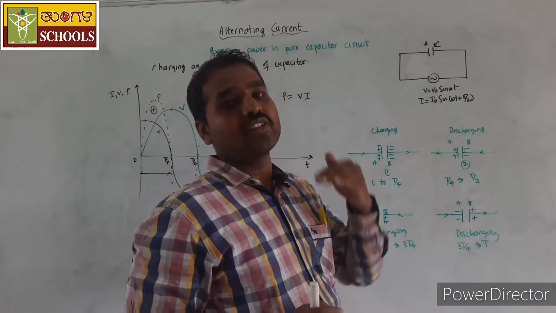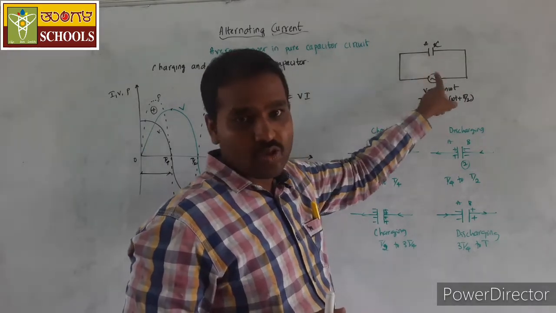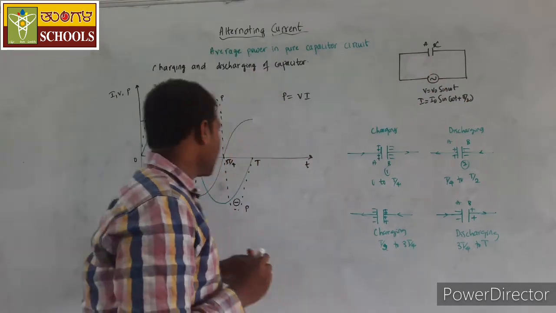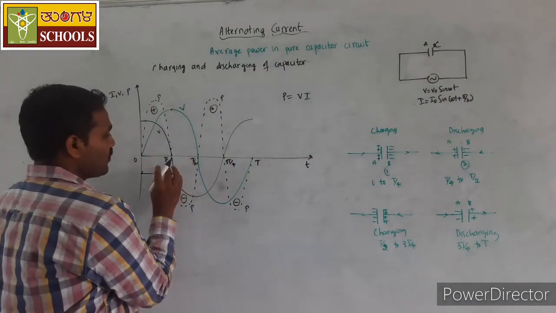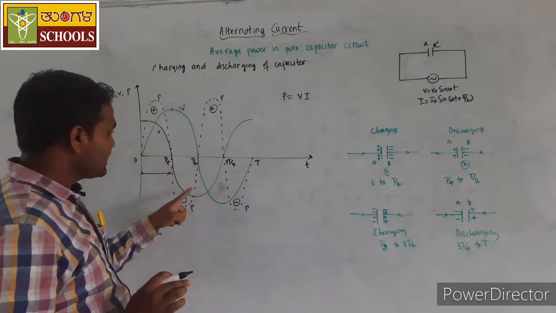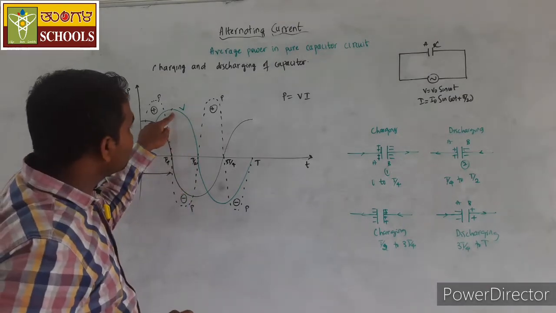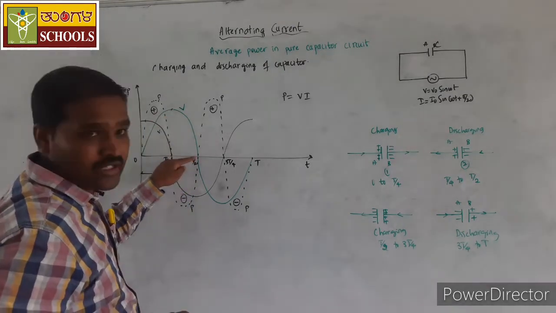The charge stored on the capacitor will be lost because energy will be given to the source from the capacitor. Graphically, we can see here, from T by 4 to T by 2, the current is negative and the voltage across the capacitor is decreasing from maximum to 0.